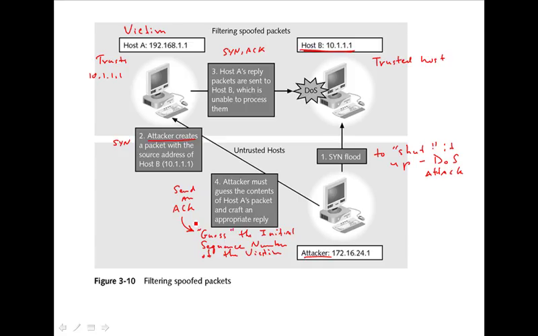There's several ways the attacker can do this anyway, but somehow the attacker has to get some sense of where the victim is in generating these initial sequence numbers. And then the attacker basically guesses based on what it saw happening before. Again, it sounds complicated, but it's not that bad. Attackers actually can pull this off.